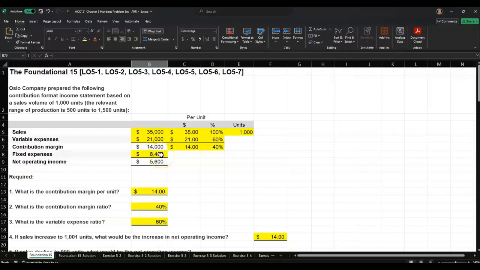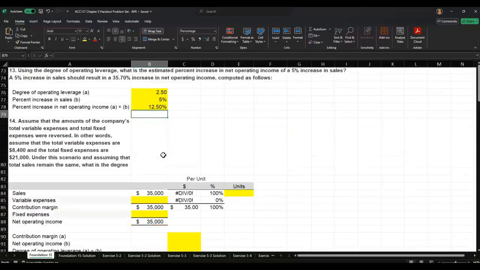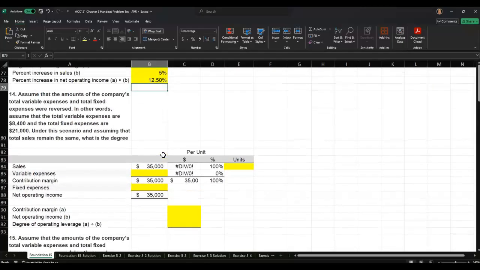So understand what's really happening bottom line. Nothing's changing down here. We're still going to end up with net operating income of $5,600, but we're simply flipping these two numbers in total. So, in other words, assume that the total variable expenses are 8,400 and the fixed expenses are 21,000.